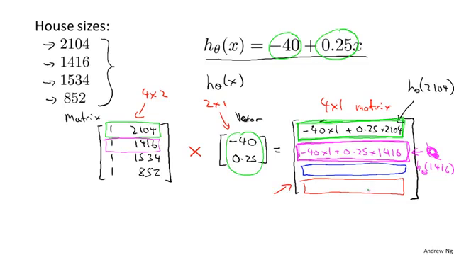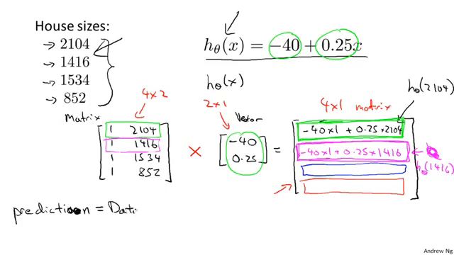And the neat thing about this is that when you're actually implementing this in software, so when you have 4 houses and you want to use your hypothesis to predict the price of all of these 4 houses, what this means is that you can write this in one line of code. When we talk about Octave and programming languages later, you can actually write this in one line of code.